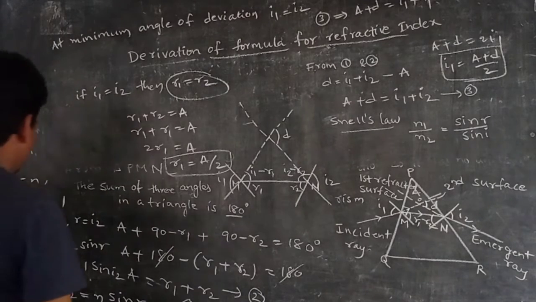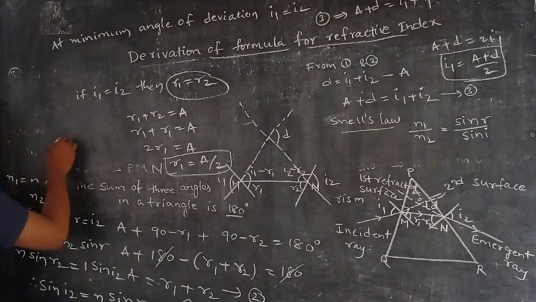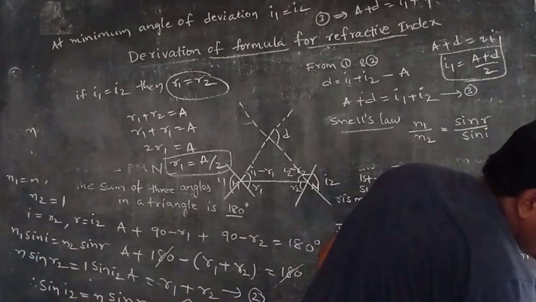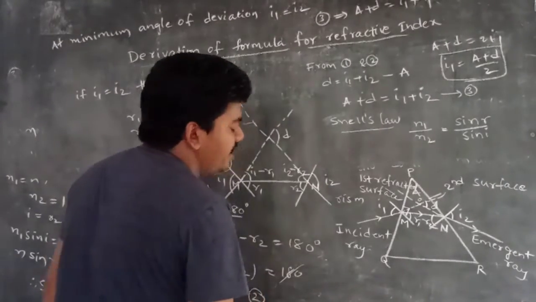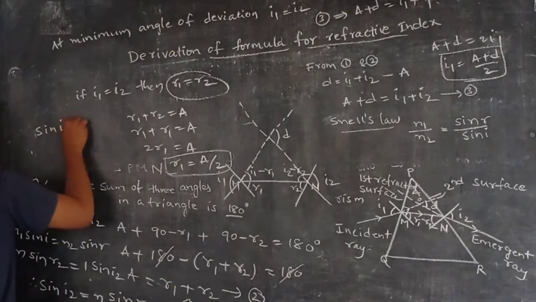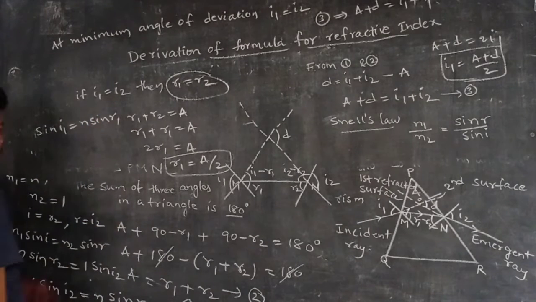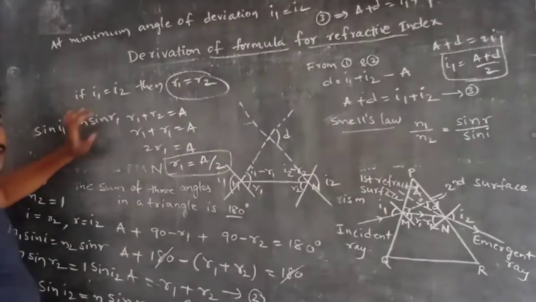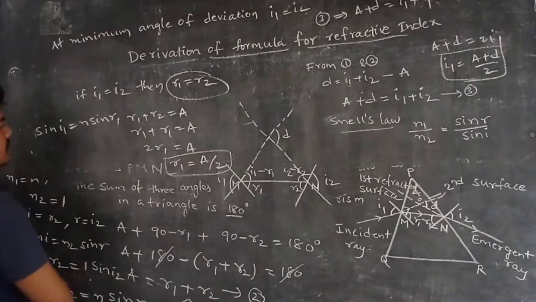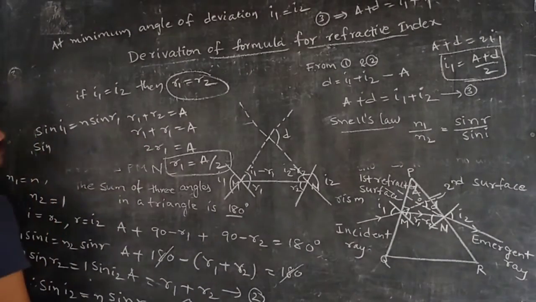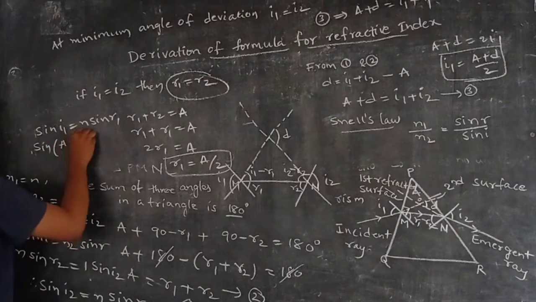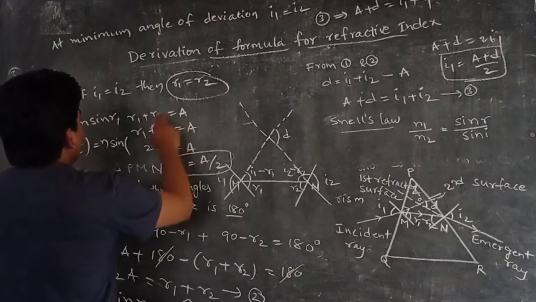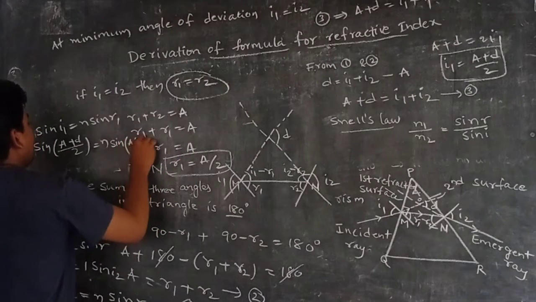We have sin I1 is equal to n sin R1, the equation we got earlier. Substituting the values, sin of (A plus D by 2) is equal to n into sin of R1, where R1 is A by 2.